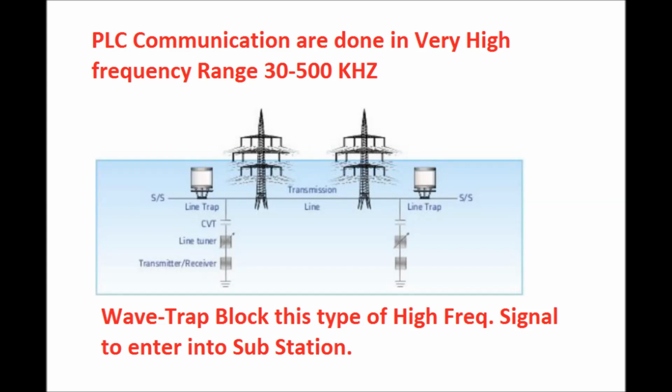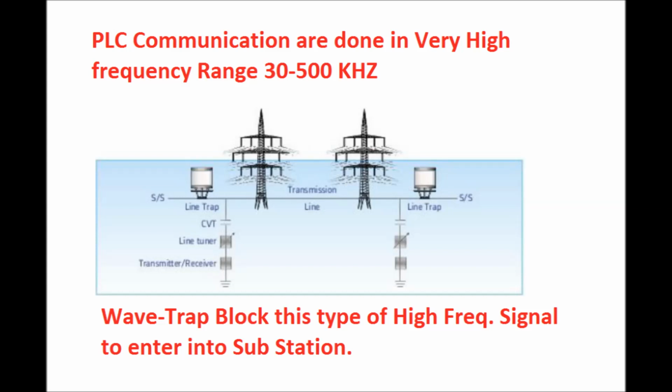Since the wave trap is connected in series with the transmission line and the inductance of this wave trap is very low, of the order of 0.5 millihenry, the wave trap provides a low impedance path for the power frequency signal, since power frequency is 50 Hz in India.